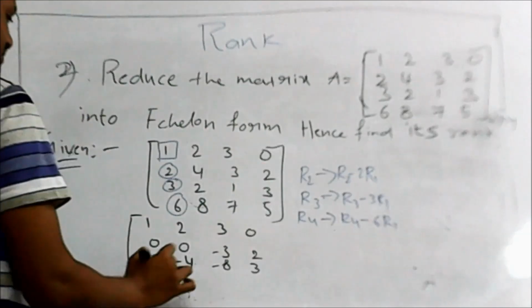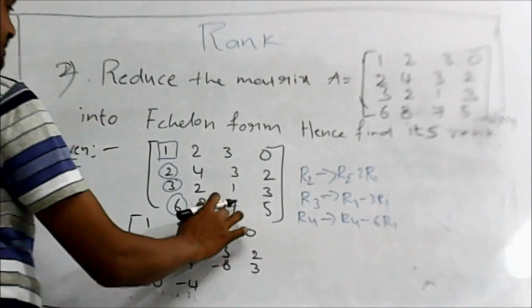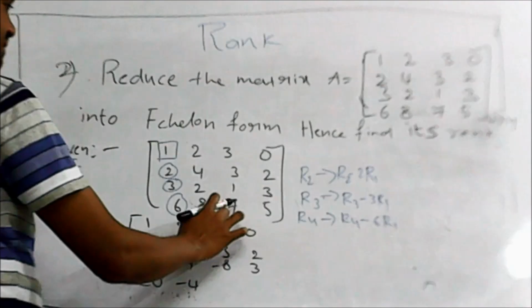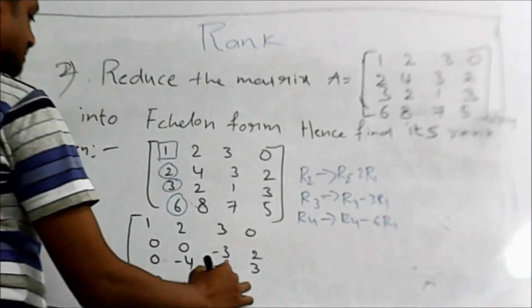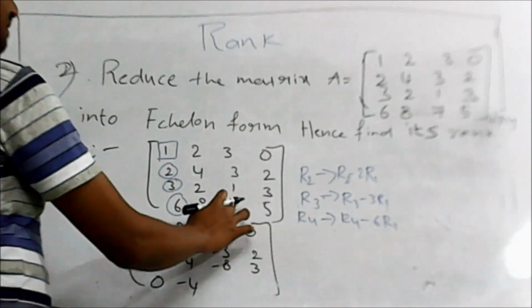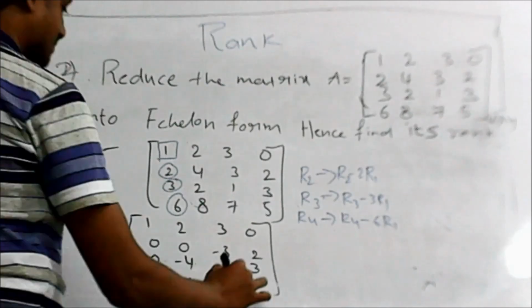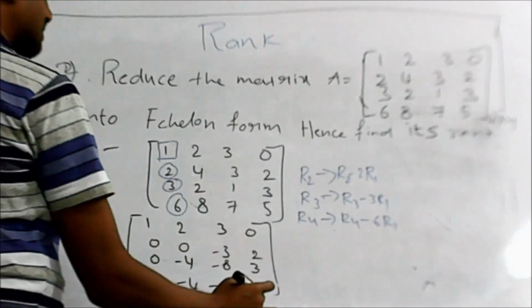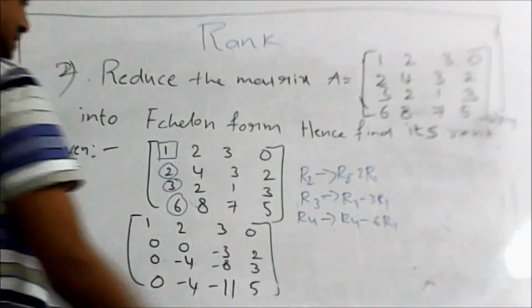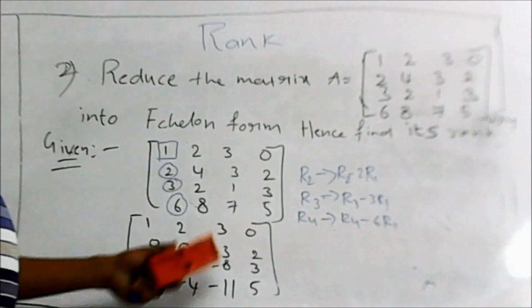R4: 0, 8 minus 12 is minus 4, 7 minus 18 is minus 11, 5 minus 0 means 5. Okay, so the first step is completed.